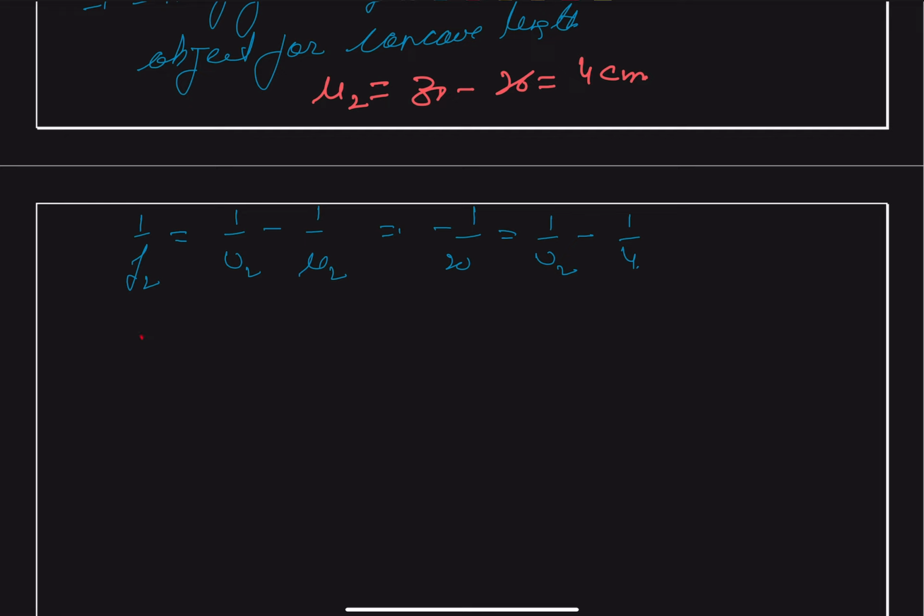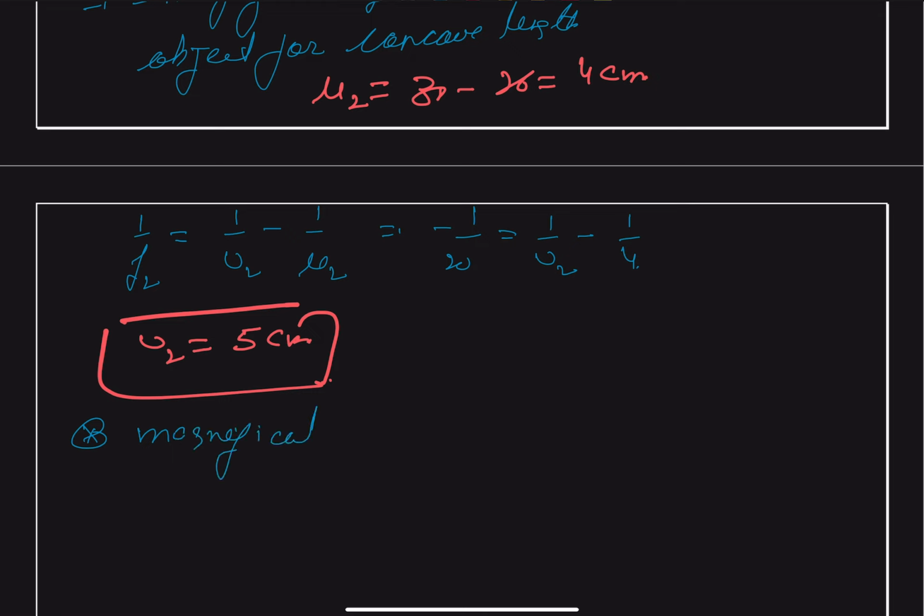So this gives us that our V2 will be equal to 5 centimeters. Now we can find out the magnification produced by concave lens.